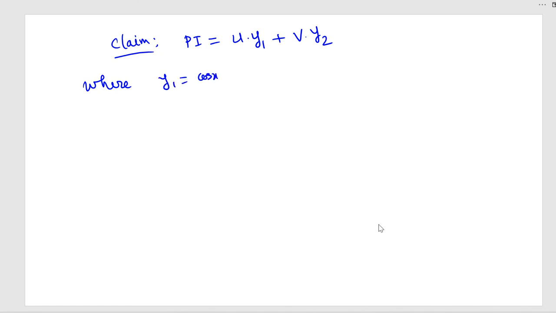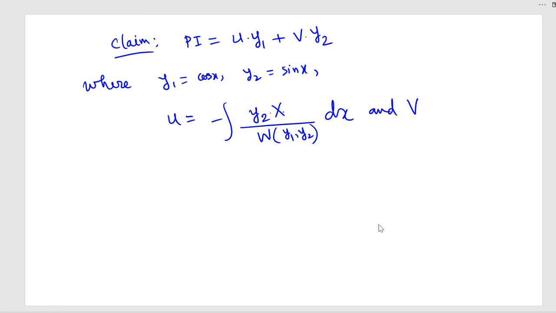Okay, now you can claim that the particular integral will be u y1 + v y2, where y1 is cos x and y2 is sin x. u will be found by minus the integral of y2 into X, where X is the right-hand side, divided by the Wronskian of y1 and y2, into dx, and v will be found by the integral of y1 into X by the Wronskian, into dx.